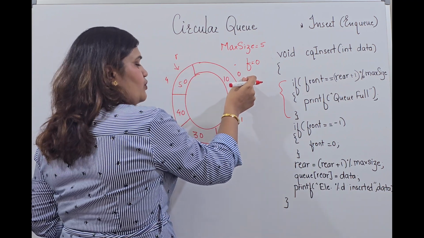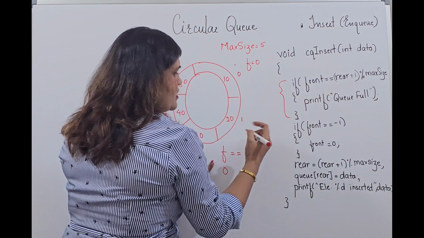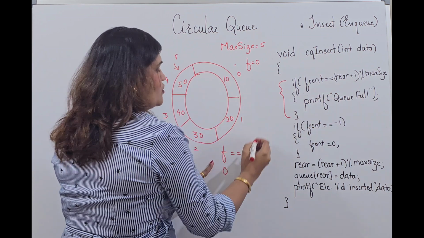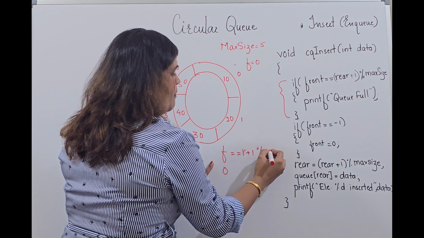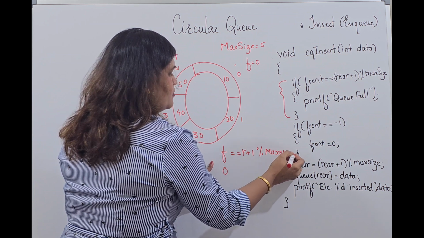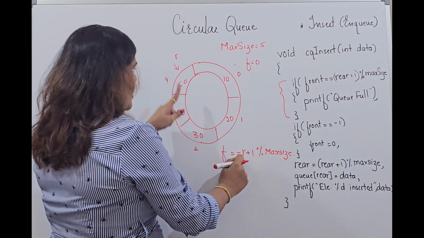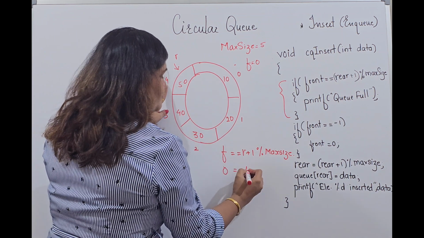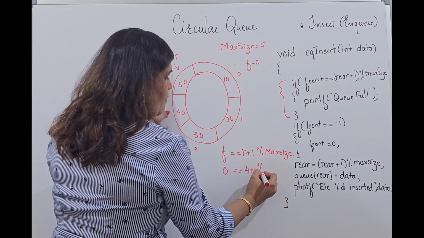This is a circular queue. How will I check it? Front equal to rear plus 1, mod of max size. This concept we had seen in the basics of circular queue. So I need to check it. Rear is what for now? My rear is 4, plus 1, mod of maximum size.